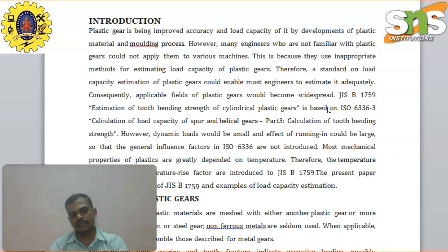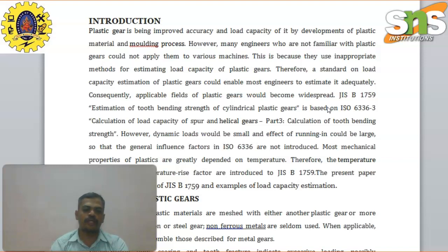In this case, part 3, a calculation of tooth bending strength. However, the dynamic loads, which would have a small effect on running in, could be large, so the general influence factors of ISO 6336 are not introduced.